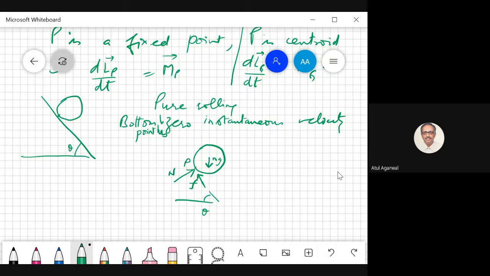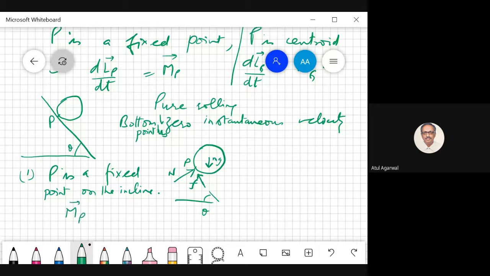So what is our equation? Suppose P is a fixed point on the inclined surface. So we take one case. P is a fixed point on the incline. So what is my equation of rotational motion?